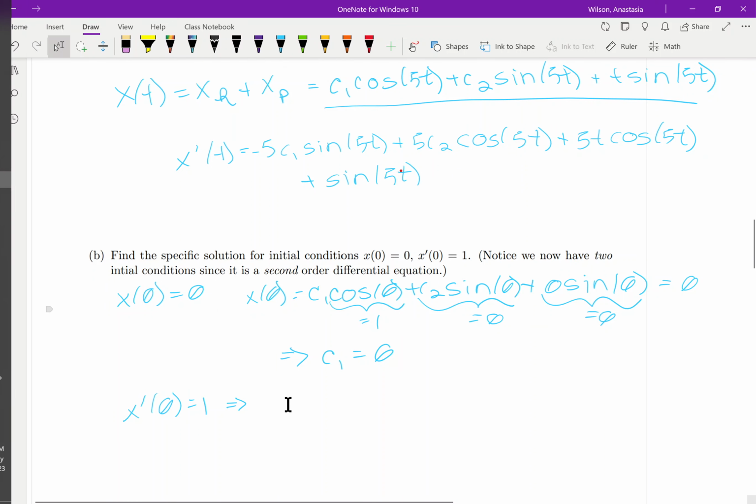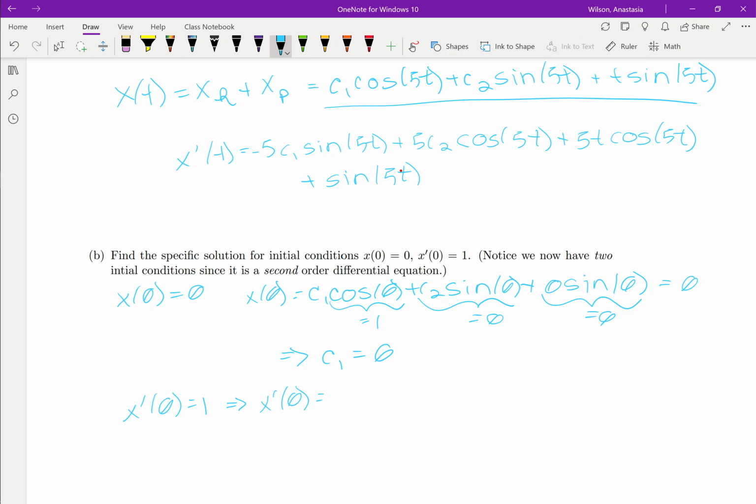Now we take that and we substitute 0 into it, and we set it equal to 1. So substituting in 0 for x prime, negative 5 c1, and you know what? We could actually simplify this by substituting in our known value for c1, but you don't always know what c is at this point in general, so I'll just work it out keeping the c1 in there.